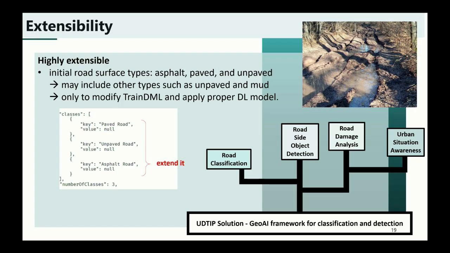For example, we may classify a muddy road or some other type of road classification. And if you want to add more functionality like object detection, you just modify this TrainDML data. Then the deep learning module receives that metadata to apply the proper deep learning model.